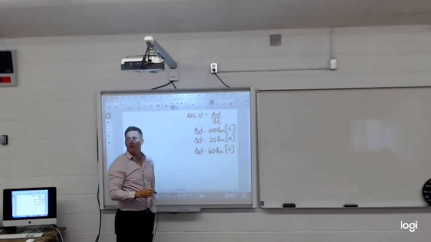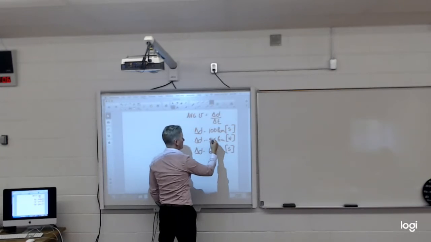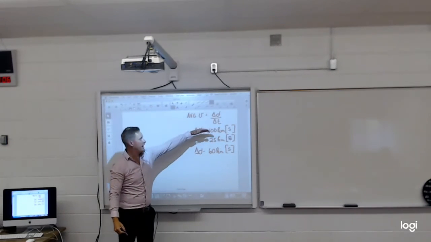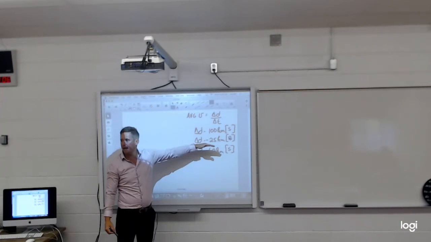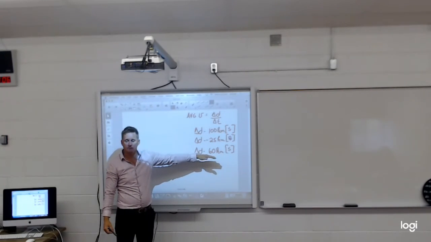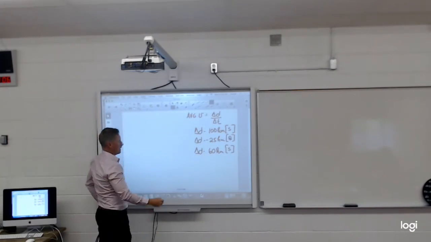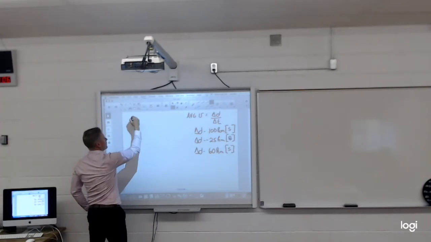Negative south, that's exactly correct. So now I add all 3 numbers together. 100, add negative 25, add 60. 135.